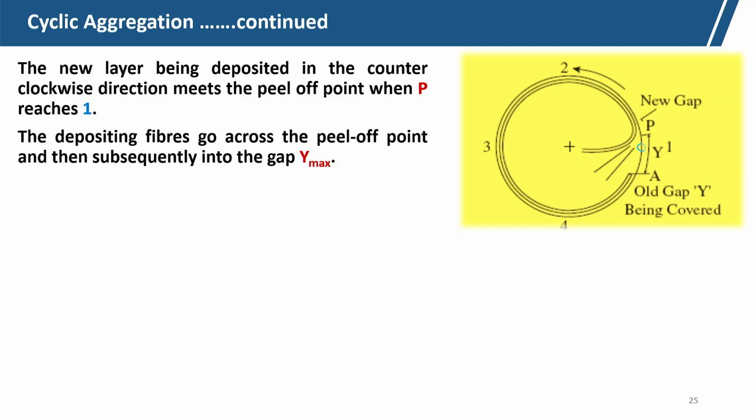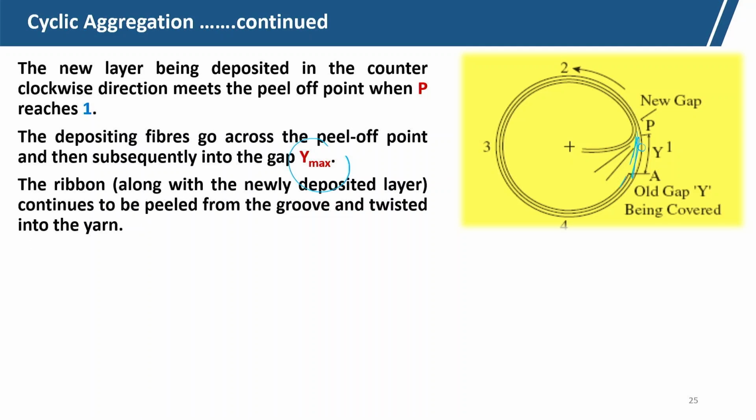The depositing fiber goes across the peel off point, and then subsequently into the gap Y max. So, the depositing fiber will cover the gap Y max, because it will keep on depositing.